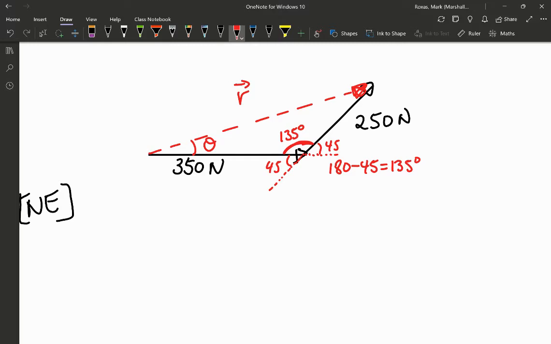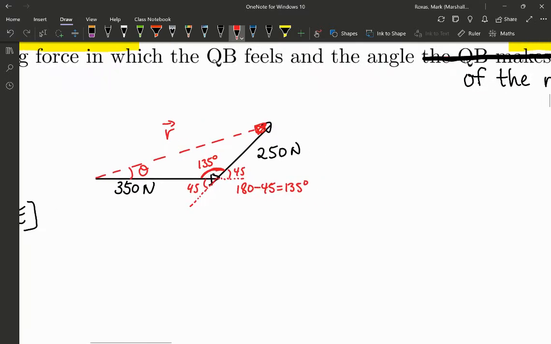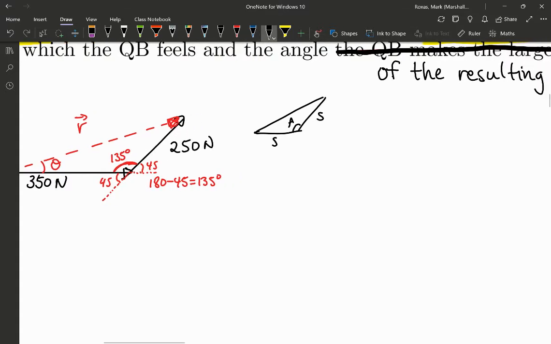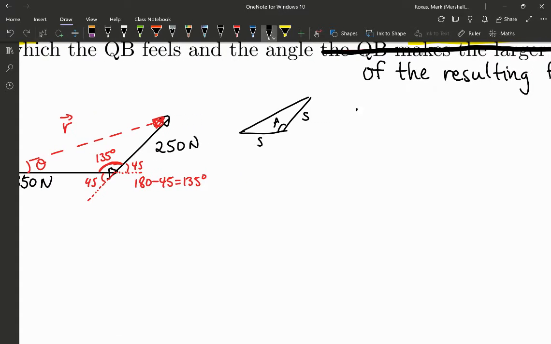I need that angle, and the reason why is, if you recall from trigonometry in grade 11, if you have a triangle, and I'm just going to quickly sketch this triangle again, if you're given a side, which is 350 newtons, and you're given the other side, which is 200 newtons, and you're given the angle between them, which is now 135 degrees, well, that's your SAS triangle, the contained angle, right?